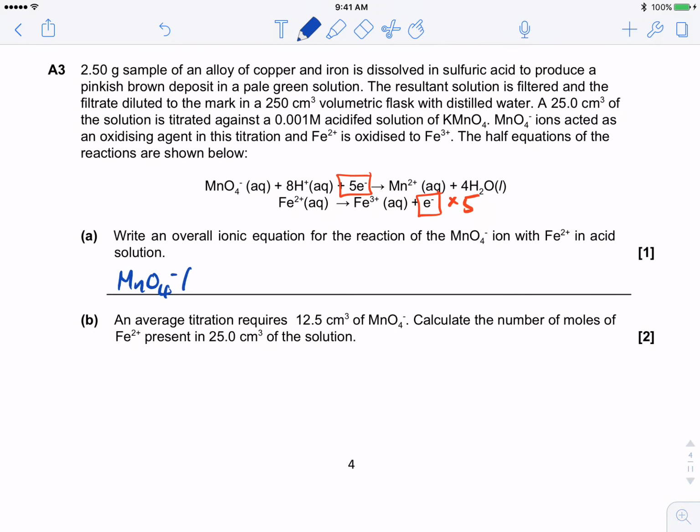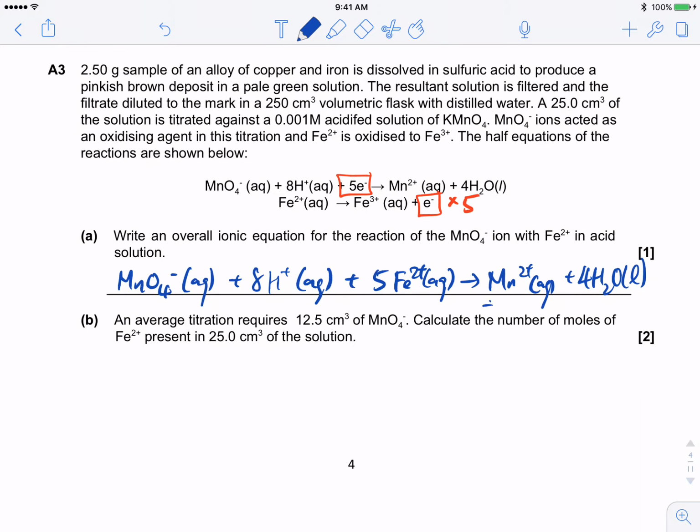MnO4 minus plus 8H plus plus 5 Fe2 plus gives us Mn2 plus plus 4 H2O plus 5 Fe3 plus.